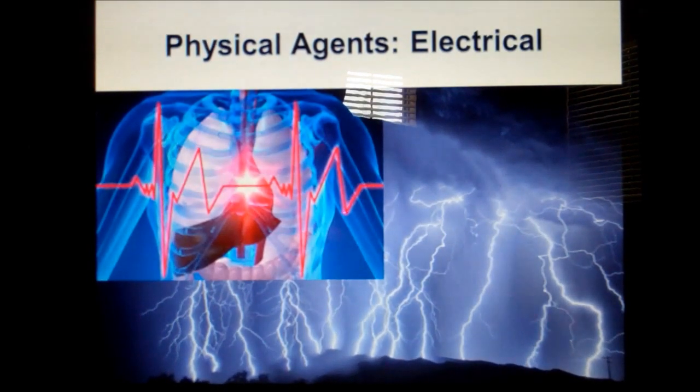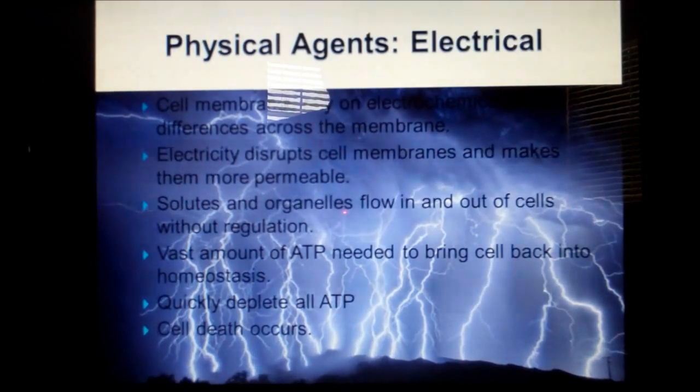The new information here is that electricity disrupts the cell membrane by inputting a bunch of charge in the system and throwing it off. Now, there's no gradient because of that charge, so the membranes become instantly much more permeable.